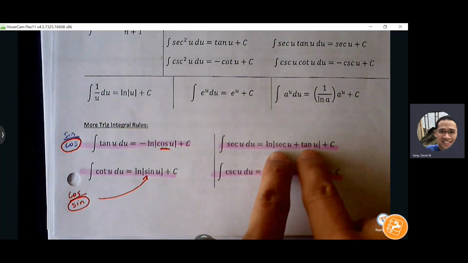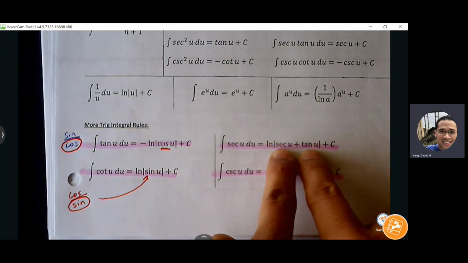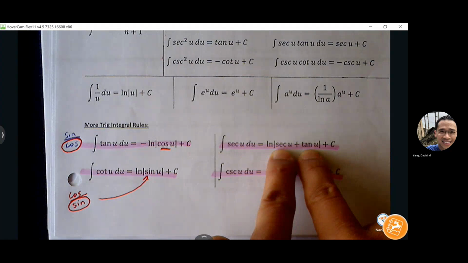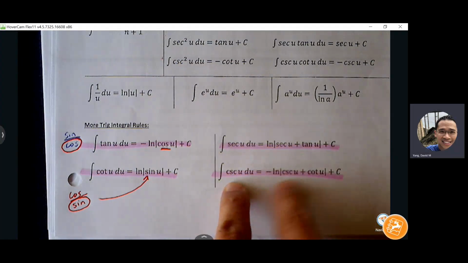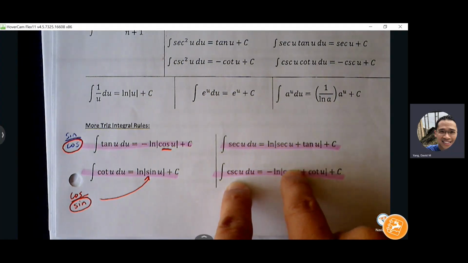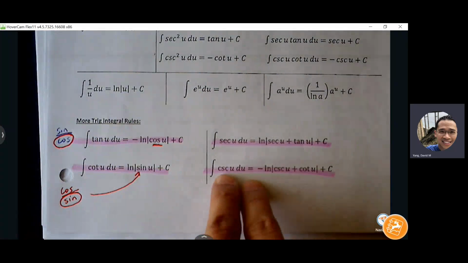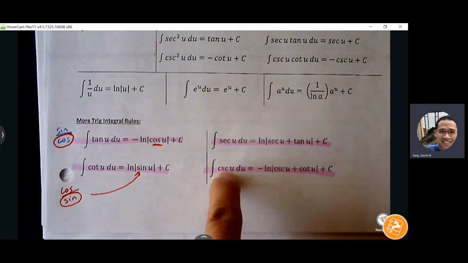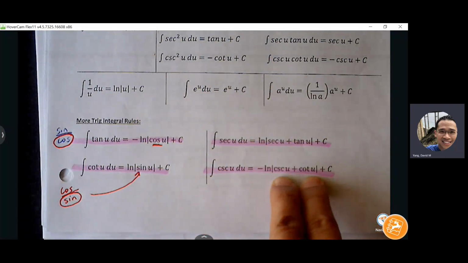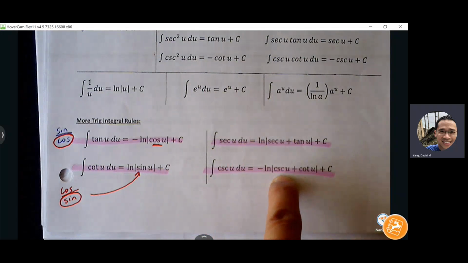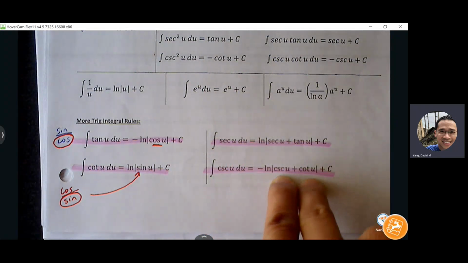So I just remember it's a little bit different. So natural log secant u plus tangent u. And the cosecant has a similar pattern, because cosecant and secant always kind of go hand in hand. So we know cosecant isn't one of the original 6, so it's got to be a natural log. And cosecant and cotangent usually go together. So negative natural log cosecant u plus cotangent u.